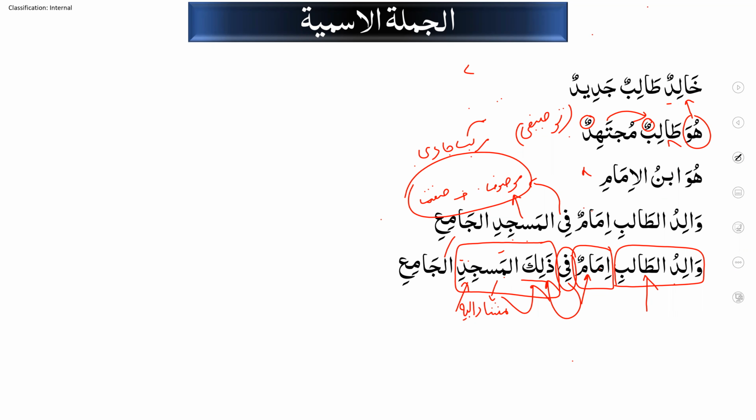Now, this jami'. So it means this masjid has two positions. One is musharun ilayh, the second one is mawsuf. So remember from now, in Arabic, a noun can be in more than one status according to the requirement.